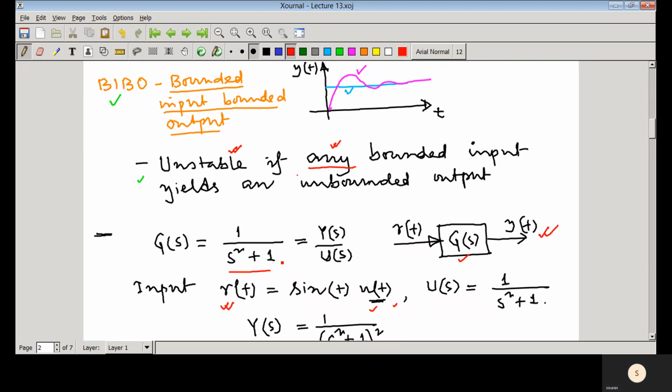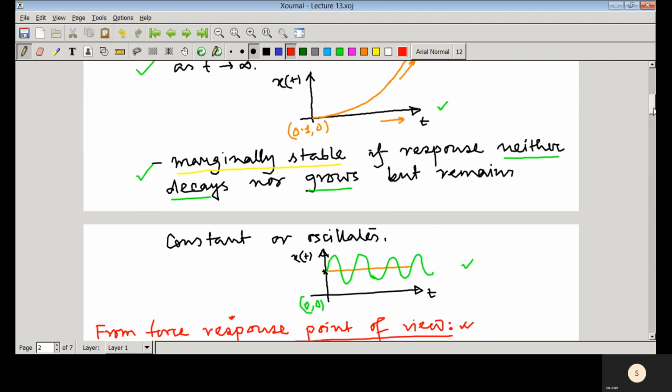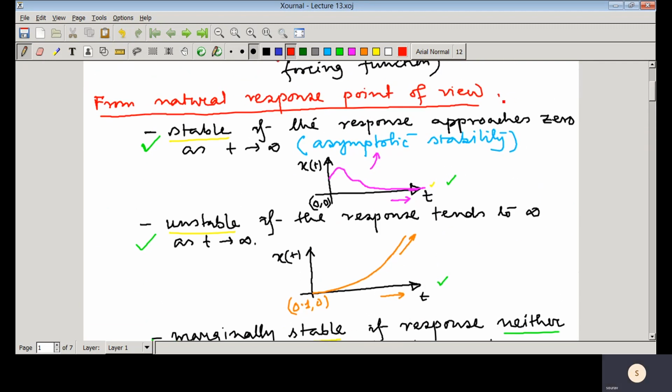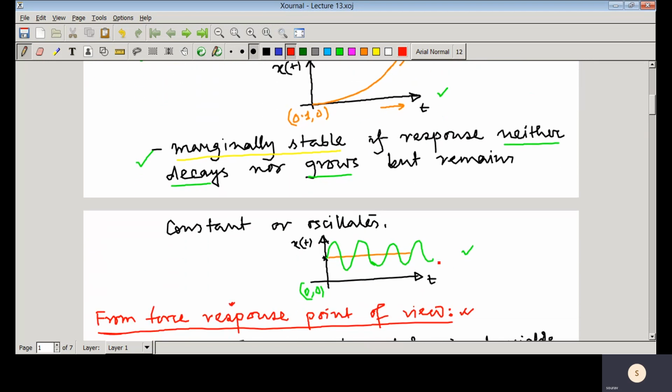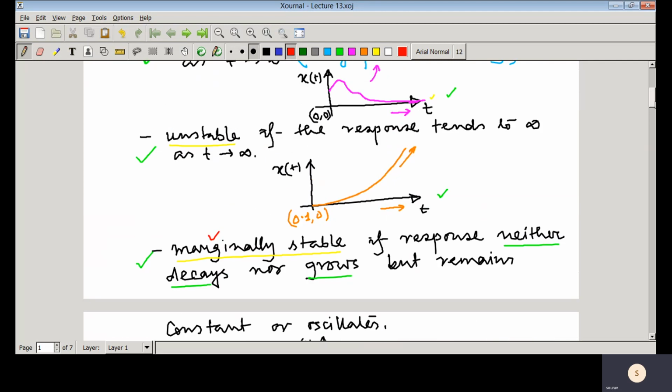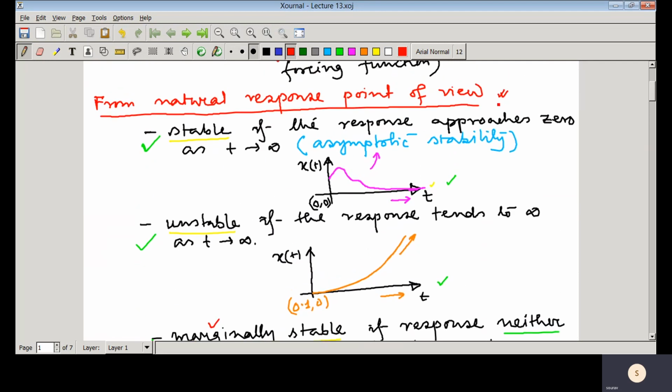From the natural response point of view, whenever there is no external force, you will see that the response would be oscillatory. So in this example, the system would be marginally stable whenever we consider the natural response point of view.